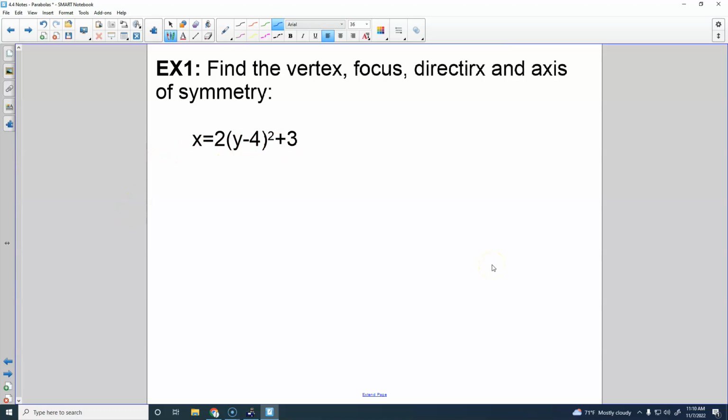Okay. The a value right here is 2, and that is a positive number. So if I have a positive number right here, then my graph is going to open in the positive direction, which when we're talking about left and right is going to be right. So what I'm dealing with here is a parabola that's going to open to the right.